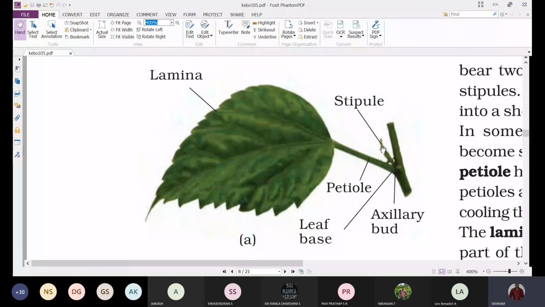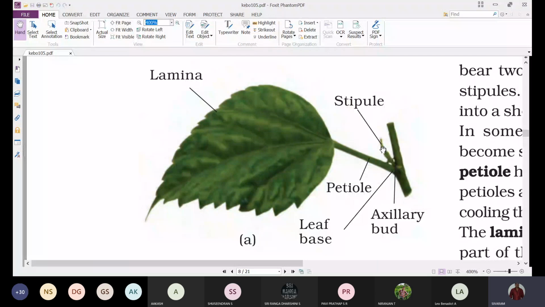the edges of the lamina we call the margin. The margin of the lamina may be smooth or irregular. Here we can see the margin is irregular in this diagram, but in some it is smooth.